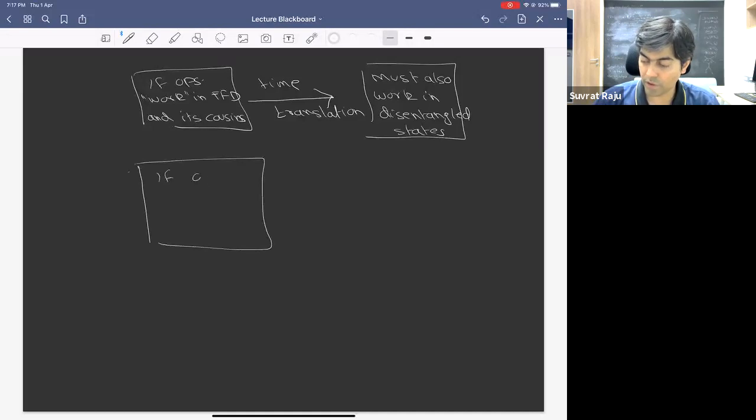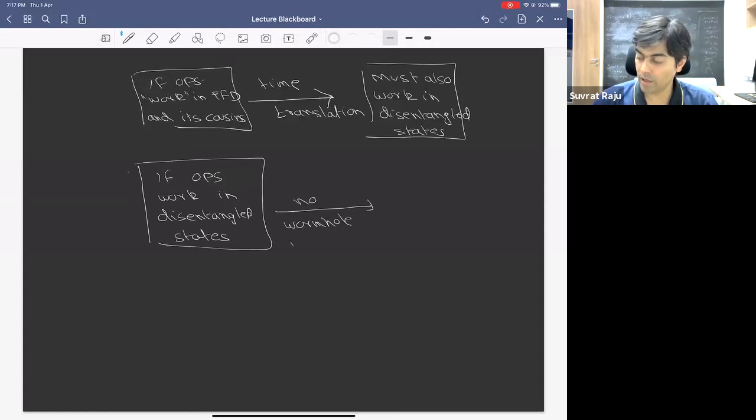If the operators work in disentangled states, then the no wormhole hypothesis, or no wormhole assumption, in disentangled states tells you that the same operators must also work in a single CFT.